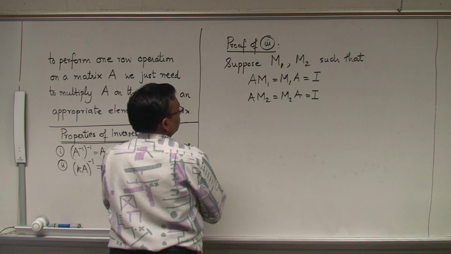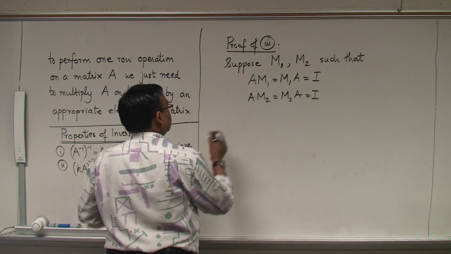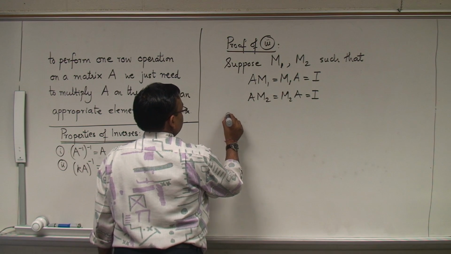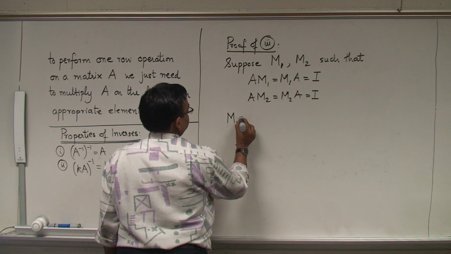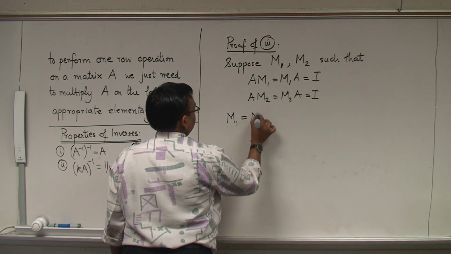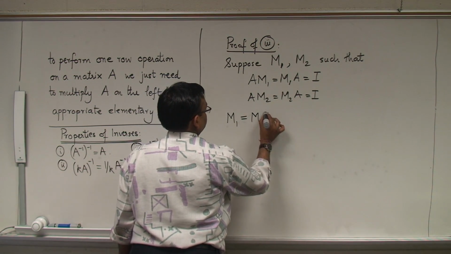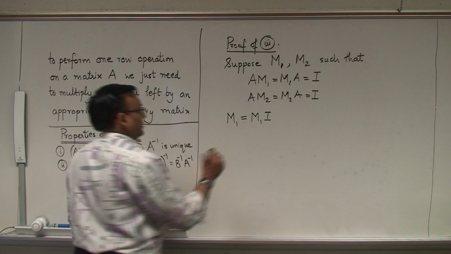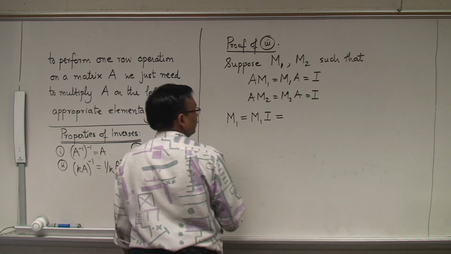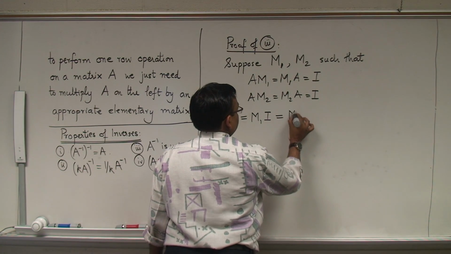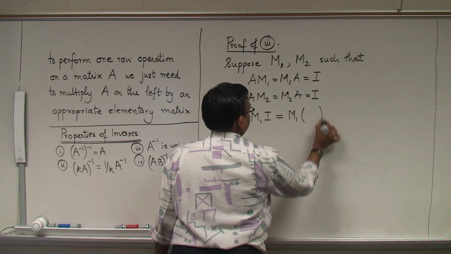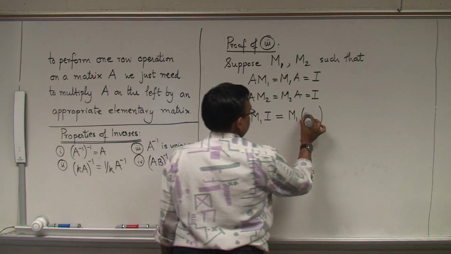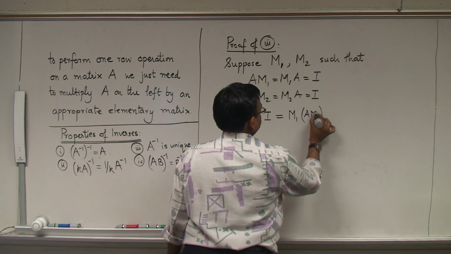Okay, so how do we do something like this? Well, let's try. Let me start with M1. I can think of M1 as M1 times I. And I can think of I as, say, AM2.